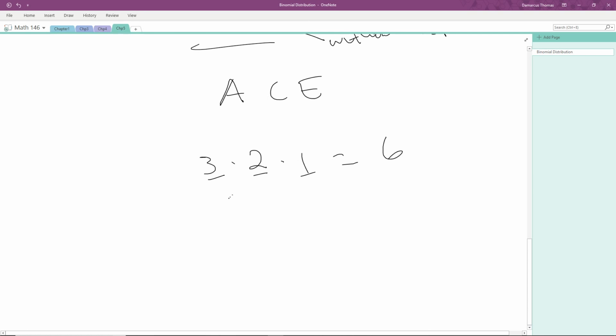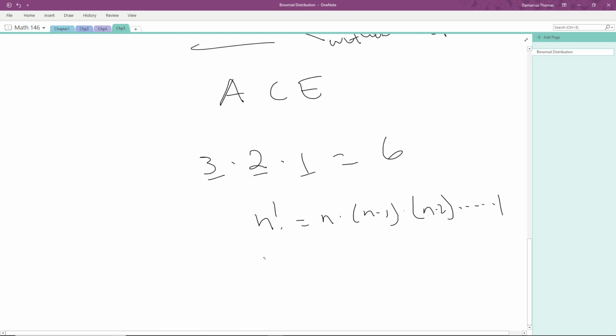This is called permutation. So the formula for permutation, actually, first of all, let's get into factorial. n factorial is equal to n times n minus 1 times n minus 2, all the way down to times 1.